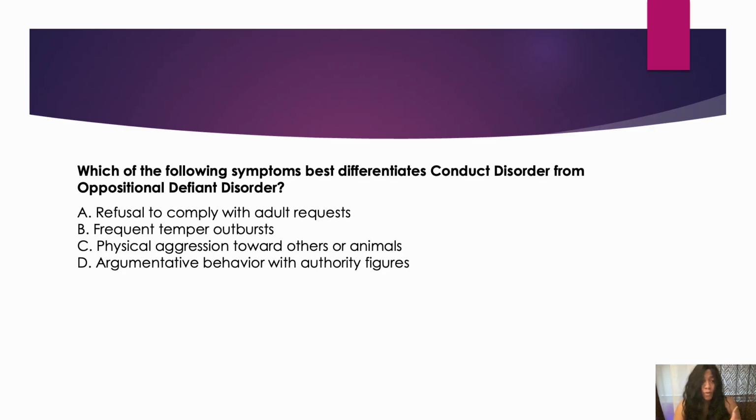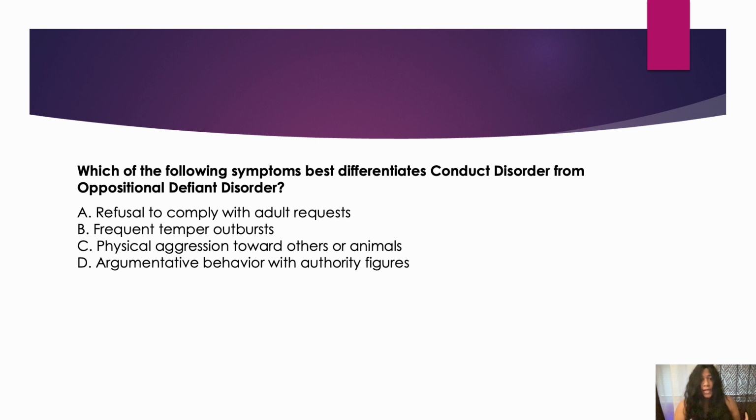Now, let's walk through them. Refusal to comply with adult requests. Is that both conduct disorder and oppositional defiant disorder? Yes, it is, right? B says frequent temper outbursts. Is that both conduct disorder and oppositional defiant disorder? Yes, it is. C says physical aggression towards others or animals. Is that both conduct disorder and oppositional defiant disorder?